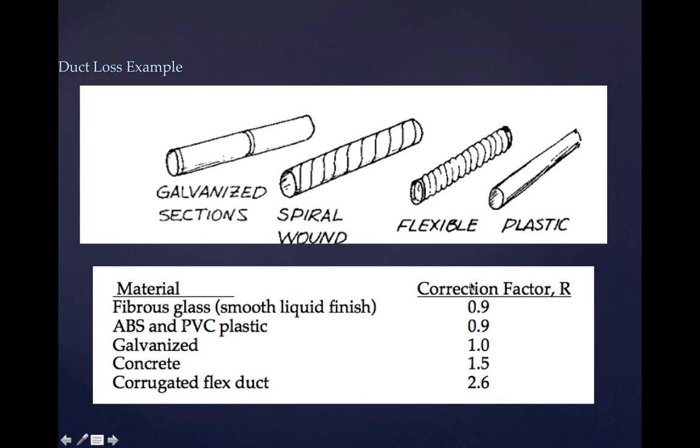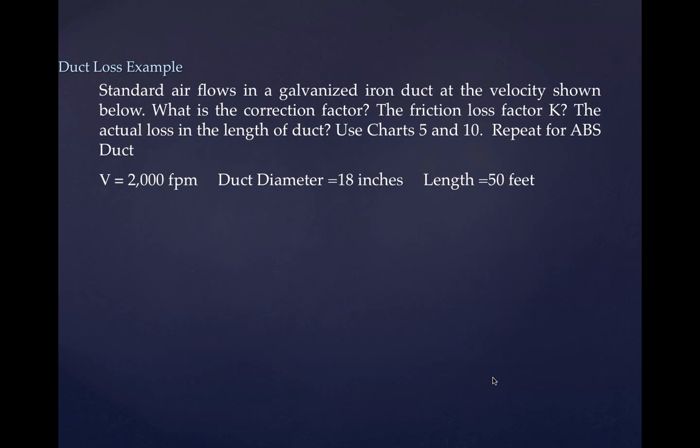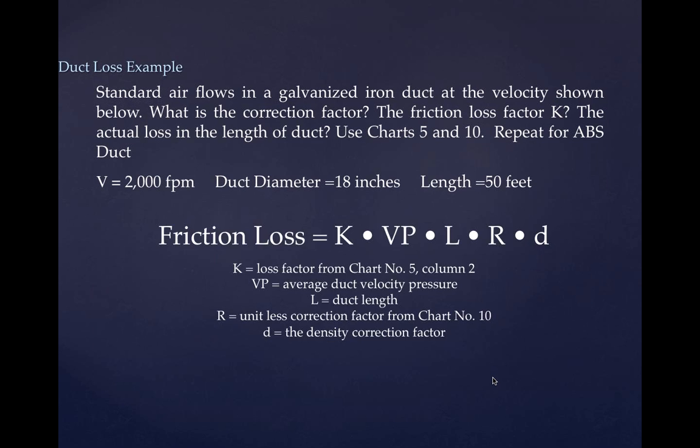If you're using very smooth fiberglass or PVC pipe, then you can reduce that K value a little bit by multiplying it by 0.9. If you're using flex duct, that's much more turbulent, loses a lot more energy, so you have to multiply that K value by 2.6. You don't really see it that way in the formula. You see it as K times R times the density times so on and so forth, times the velocity pressure.